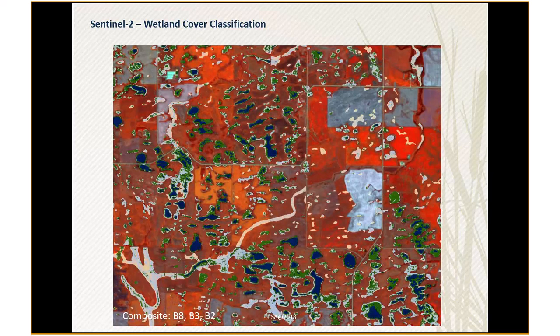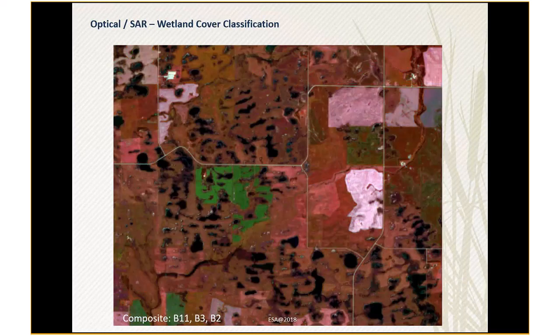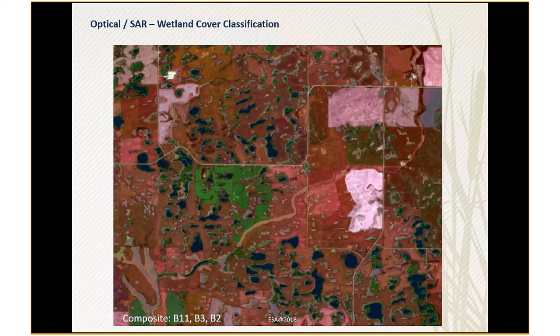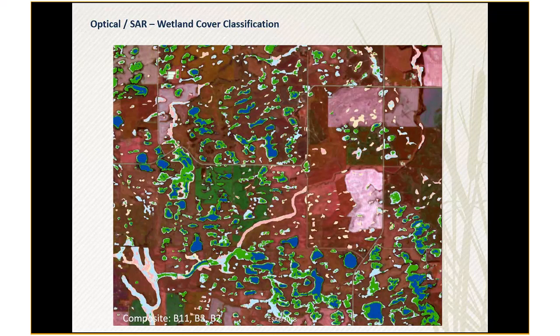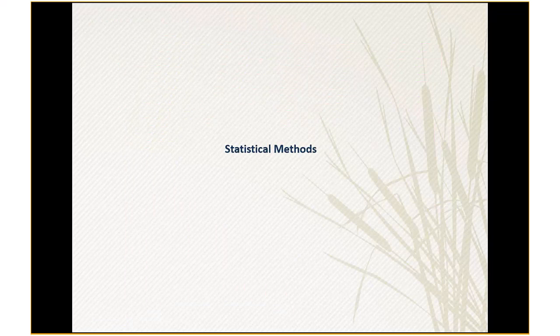That's what that classification looks like. And then the optical SAR combined stack, where we basically classified that as well. With that, I'm going to hand it over to Lauren to describe the statistical work that she's done.